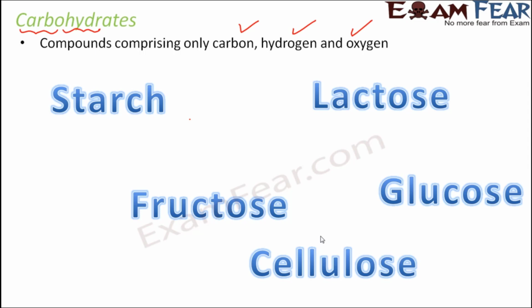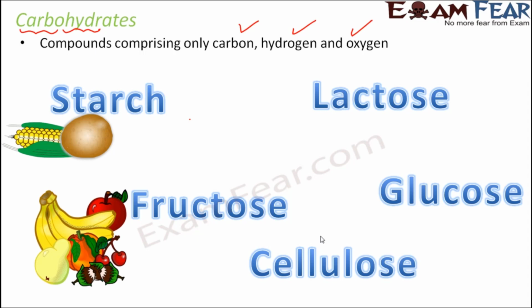Now different types of carbohydrates are present in different products. For example, starch is present in high amount in food items like potatoes, maize, cereal grains basically. So they are a very rich source of starch. Fructose is present in fruits. That's why the name fructose, from fruits. Lactose is present in milk.